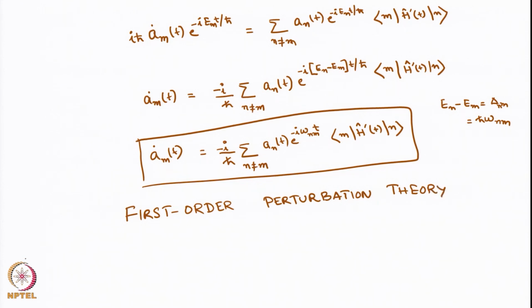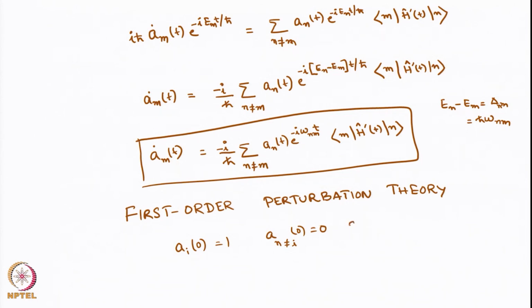Let us suppose a system, a molecule, atom or whatever, is in the ground state, and I will call it i, or the initial state. So let us say a_i at time t equal to 0 is equal to 1, and a_n for n not equal to i at 0 is equal to 0.